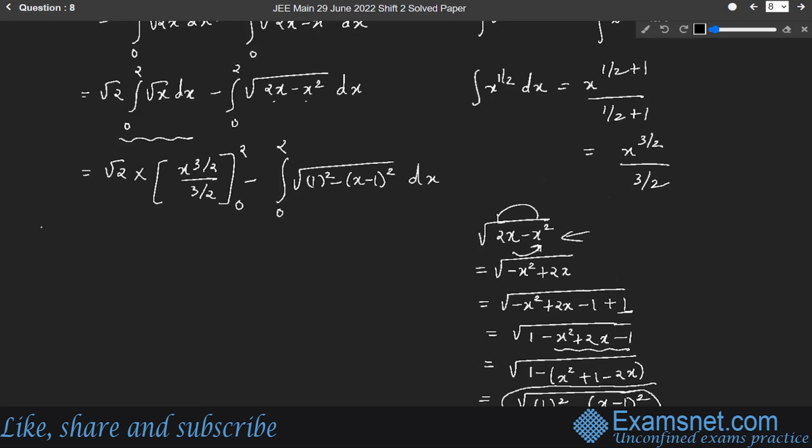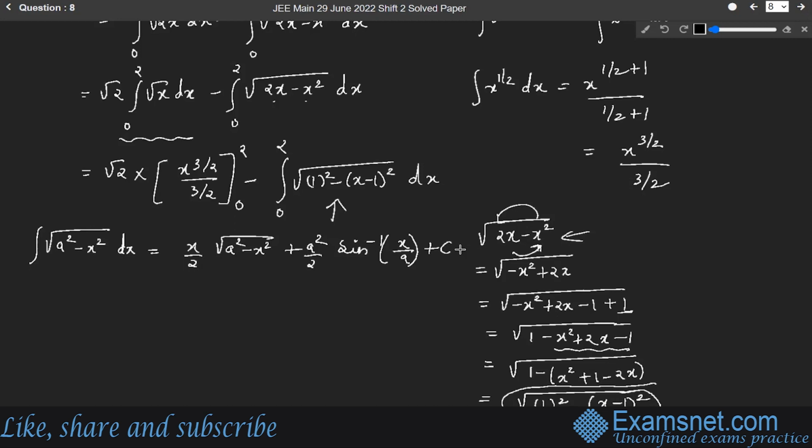So the basic formula is the integral of under root of a square minus x square dx is equal to x by 2 into under root of a square minus x square plus a square by 2 into sine inverse of x upon a plus c, where c is a constant. All right, so we have to use this formula in order to solve this expression.